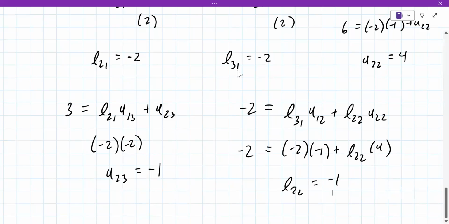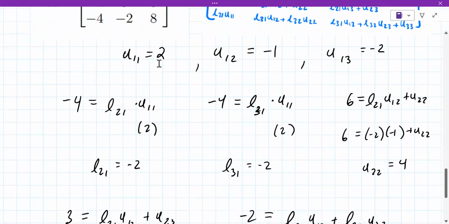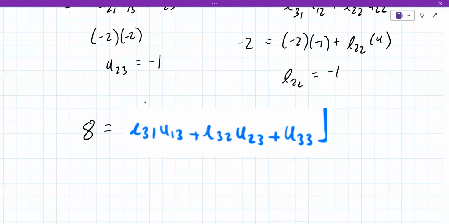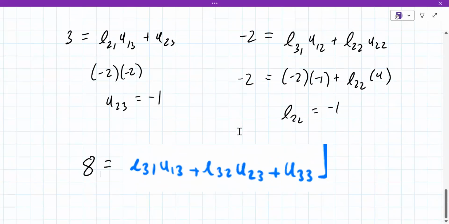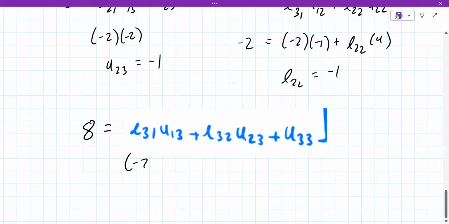And then we're almost there. The last one, I should be snipping this since it's your teacher's handwriting. So let's try that. The last one here is that this 8 equals all of this mess over here on the right. So L31, which we have, L31 is -2. Very easy to mix these up, -2.